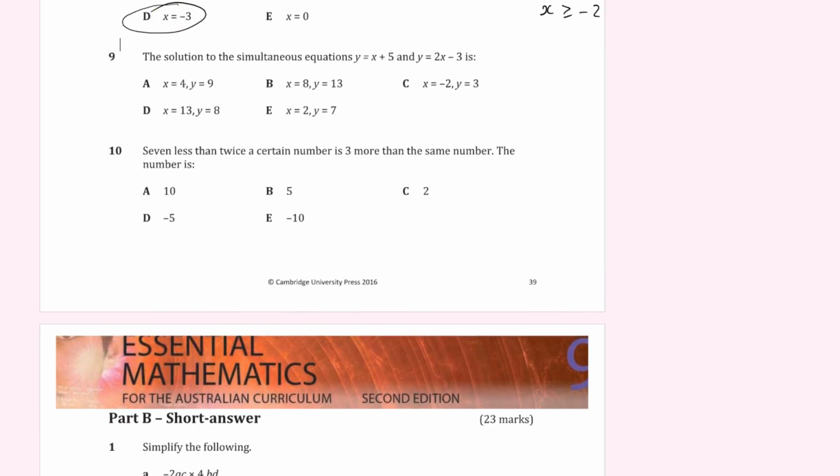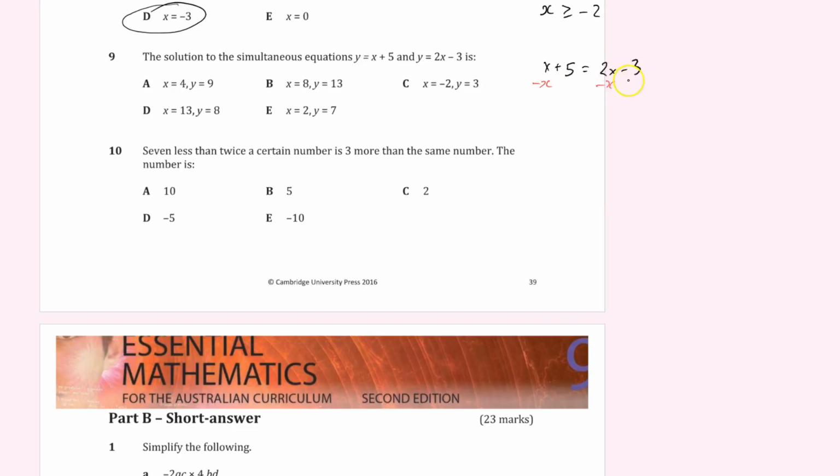The solution to simultaneous equations y equals x plus 5 and y equals 2x minus 3 is... So you have a couple of options. You could just go ahead and solve them. Using the substitution method, if y is equal to x plus 5, in that second equation I can write x plus 5 is equal to 2x minus 3. Get all my x's together by subtracting x from each side.